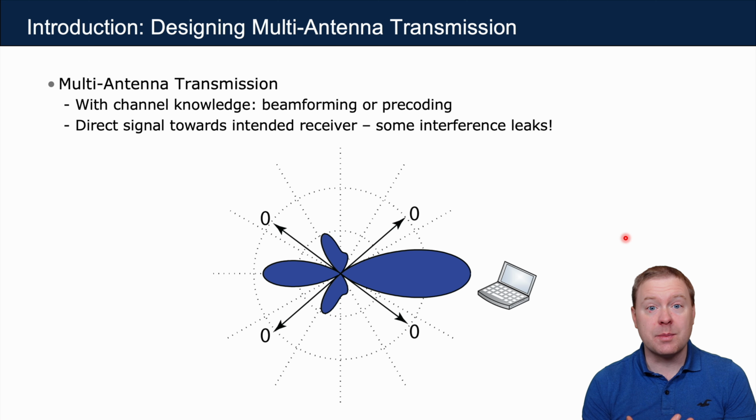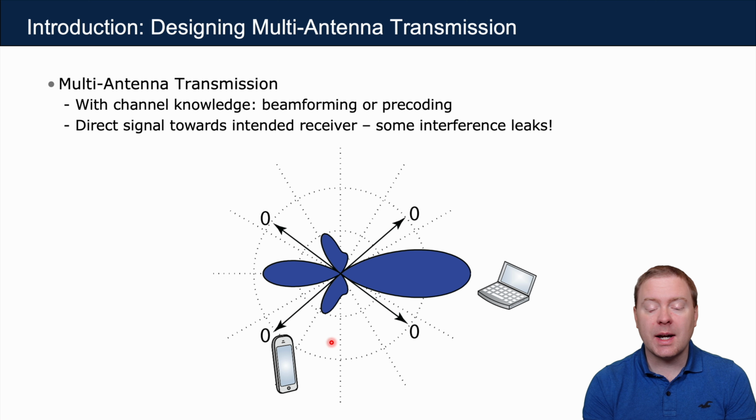Designing the multi-antenna transmission can be a challenge on its own. We need to know something about the channel to the user, and then we can point the beam, and this is called beamforming or precoding. And even if we're focusing towards a particular user, there will be signal leaking in many different directions. So if there's another user in a particular direction, there is a big risk that some of the signal will hit that user as well.